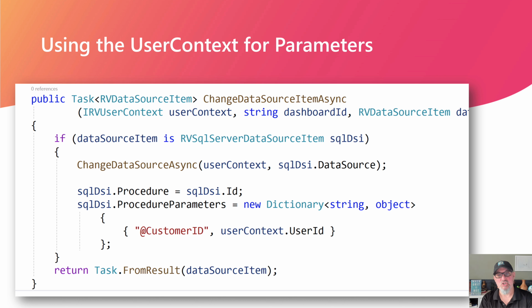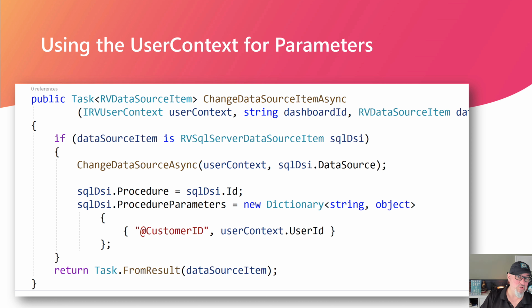So when you are executing a query through change data source item async on the server, you can execute a custom query, a stored procedure, or maybe a function if you're using Postgres, or stored procedures in Oracle, BigQuery, etc. And then those all have parameters. So how can you pass parameters to those collections or queries? In this case, I have a customer ID parameter in my stored procedure.